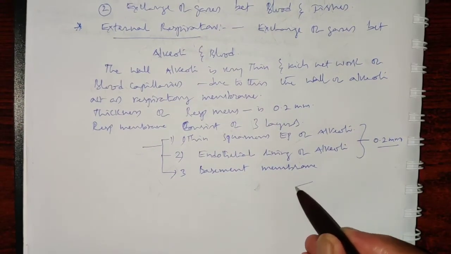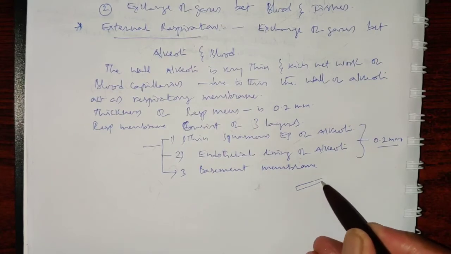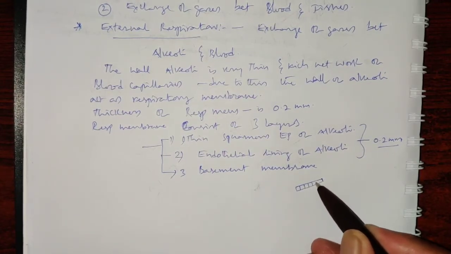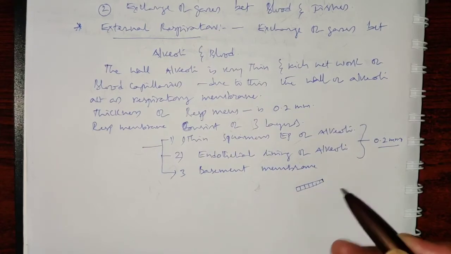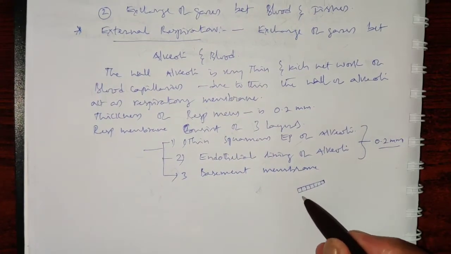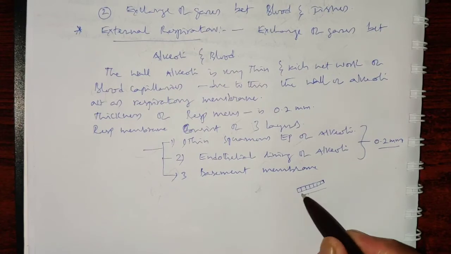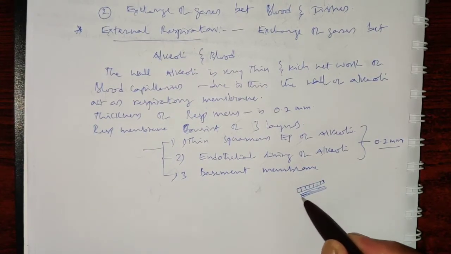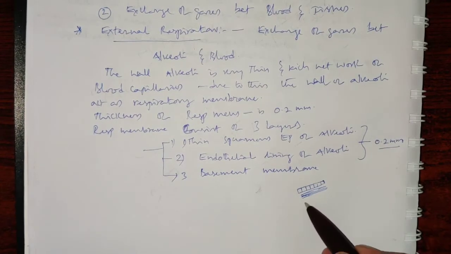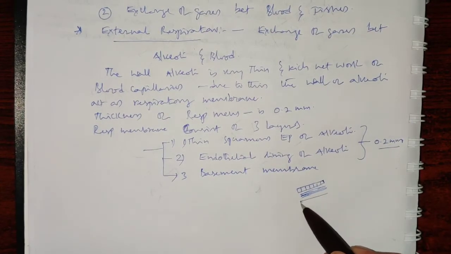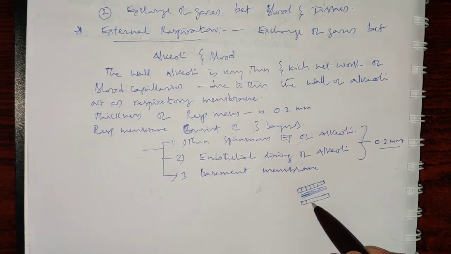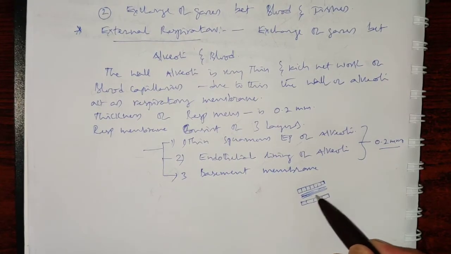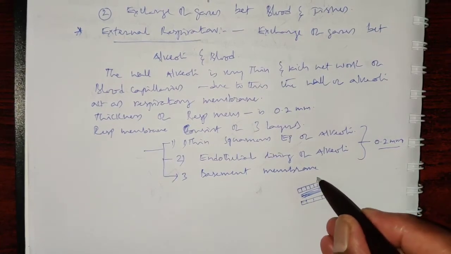Now let's see this. For example, this is a membrane. This we can call squamous epithelium, this we can call basement membrane, and this we can call endothelium.